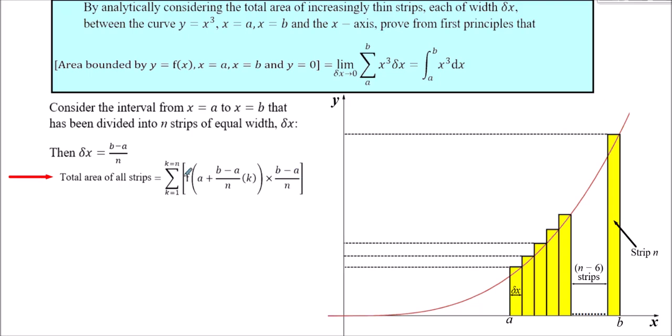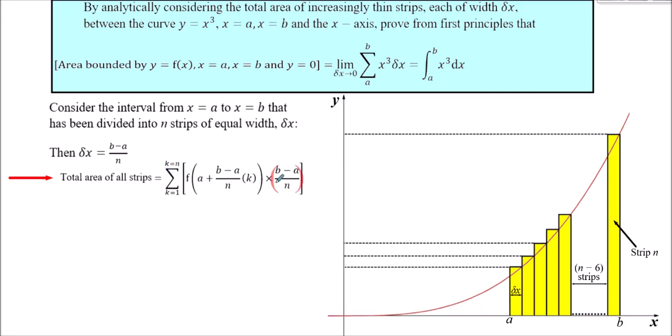However, because we're summing things together, and most of the things in the summation are constants, a is a constant, b is a constant, and I've just picked n generic strips. b, a, and n are all constants. What we're allowed to do is take those outside of the sigma notation, in the very same way as we're allowed to move constants to the outside of the integral.